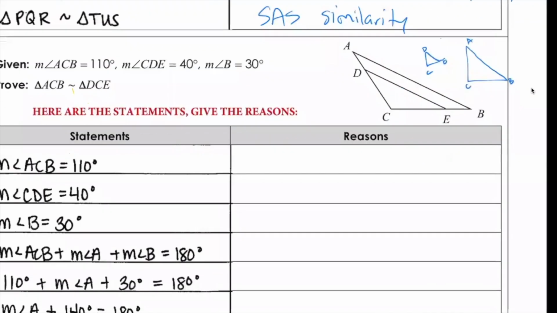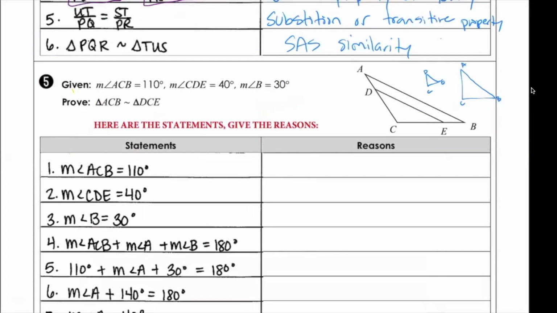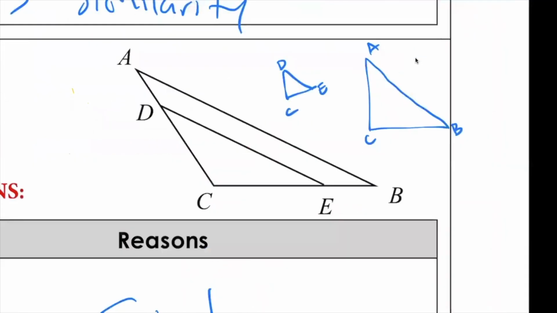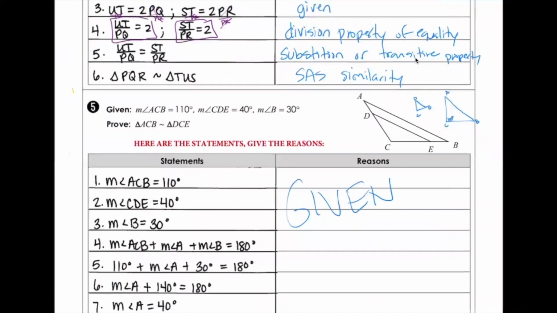So now it looks like 1, 2, and 3 are all given, right? So I'll just write a big given here. You can do that if you want. They're given to us in the given.